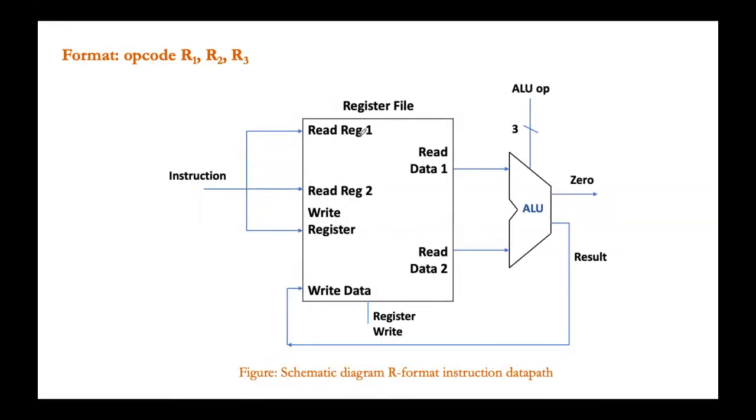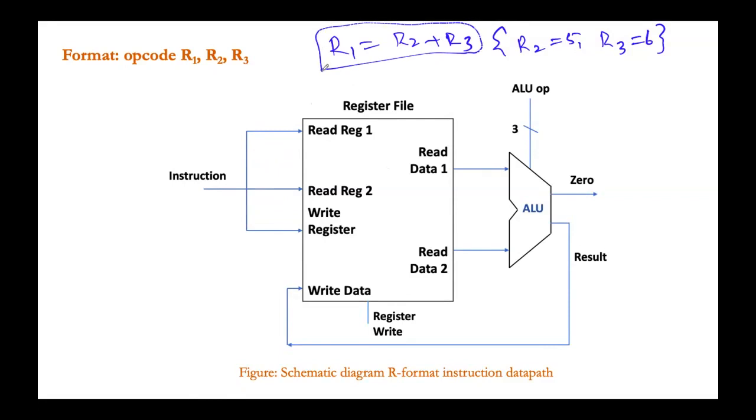Let us consider this example. The operation I have is R1 equals R2 plus R3. Consider the same example where R2 is holding data value 5 and R3 is holding data value 6. This operation is written in this format in the instruction code, which is the opcode and your registers.